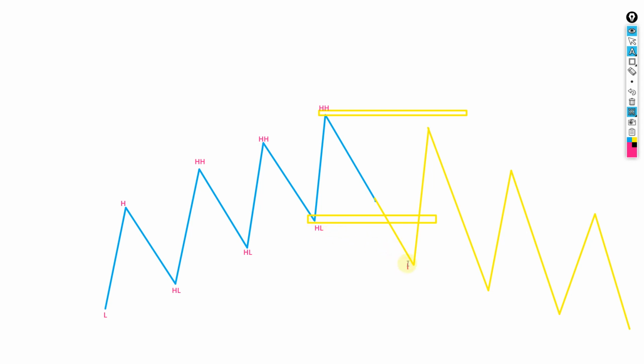It will be called a lower low, right? It goes up, and it fails to break this high to make a higher high. So now it has created another high, but it is lower than this high, so this high will be called a lower high, right?